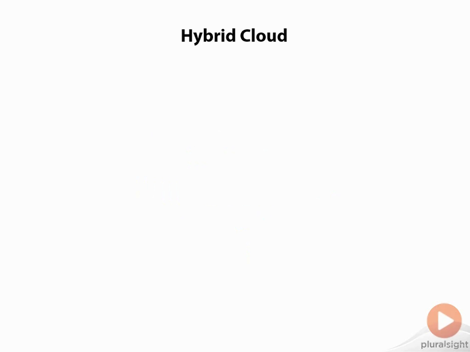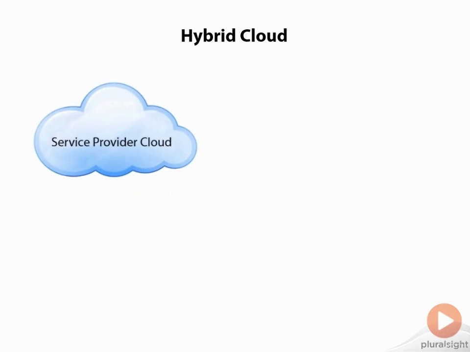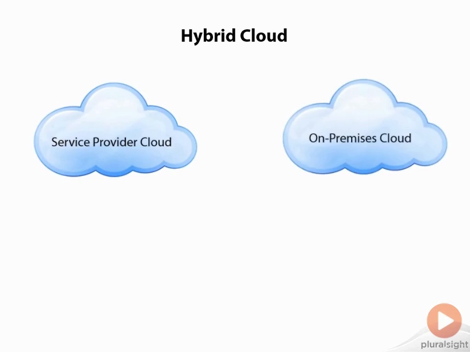When we have hybrid cloud environments, this is exactly what it sounds like. It's a hybrid of those two models of public and private cloud. We have our service provider cloud, which could be any cloud that we talk about. We have an on-premises cloud, which has matching layers and matching services.